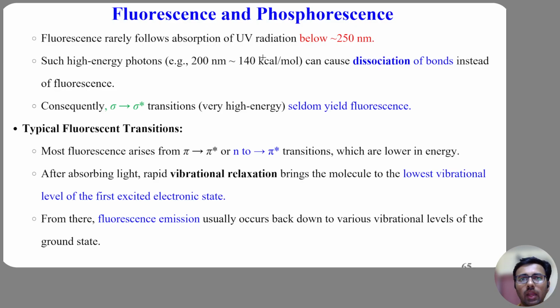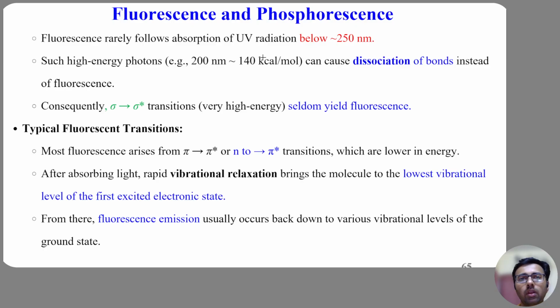Instead of emitting light, the molecule simply breaks apart. Therefore, sigma to sigma star transitions almost never produce fluorescence. The molecule destroys itself first. Most fluorescence therefore arises from pi to pi star and n to pi star transitions.